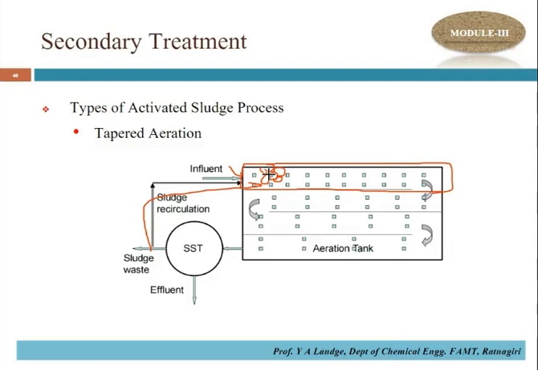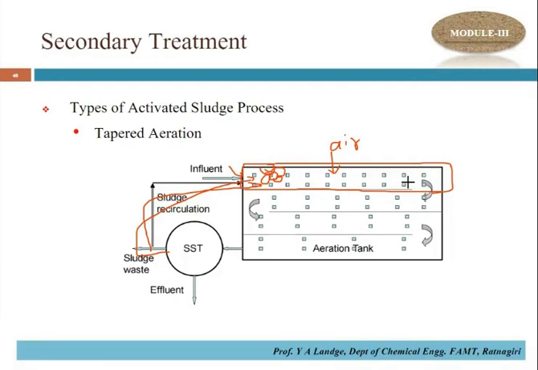Now we divide it into sections. The first section we call the return sludge aeration tank. The sludge which comes from here enters this tank, and in this process we are not supplying air or oxygen.